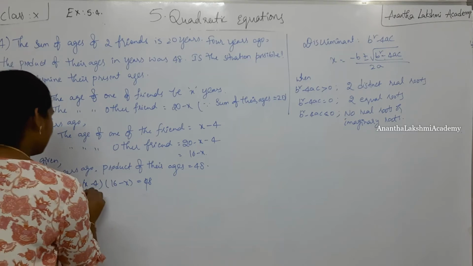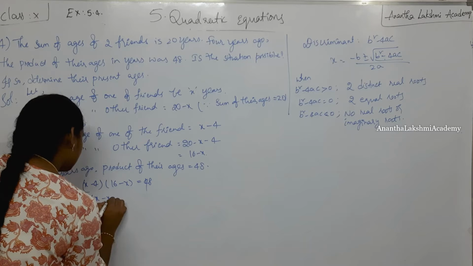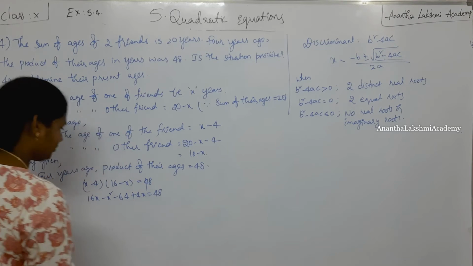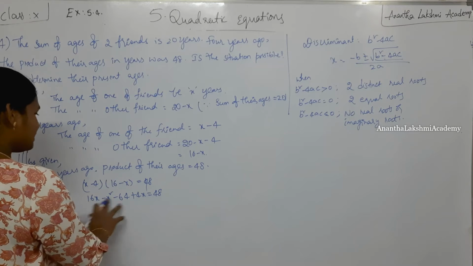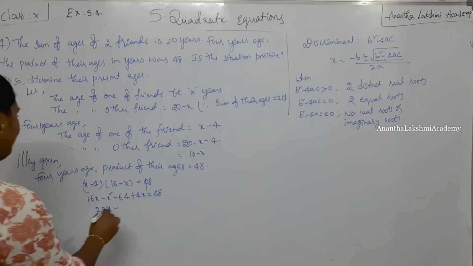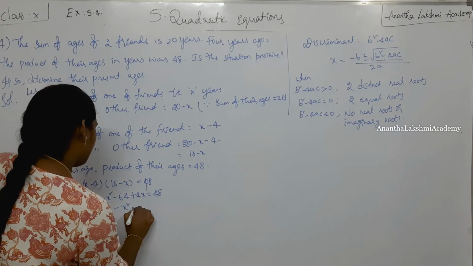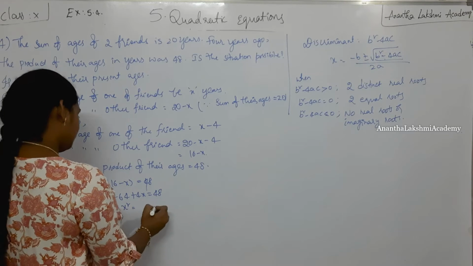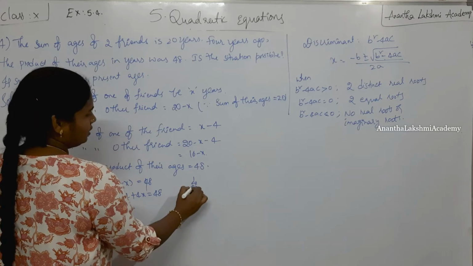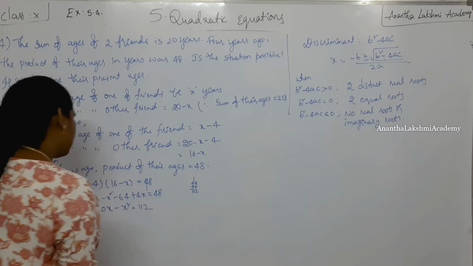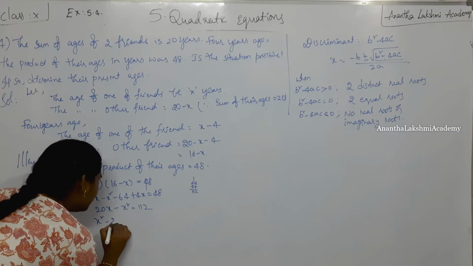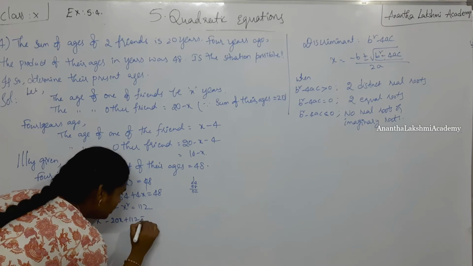Now let us simplify this. 16x minus x square minus 64 plus 4x is equal to 48 by multiplication. 16x plus 4x is 20x minus x square. Now if I take the 64 to the other side, 64 and 48 gives 112. If I take x square and the x term also to the other side, x square minus 20x plus 112 is equal to 0.